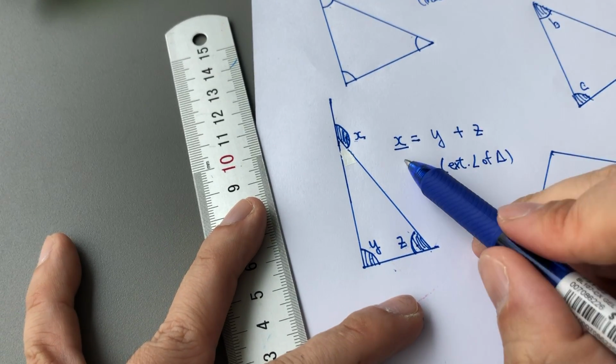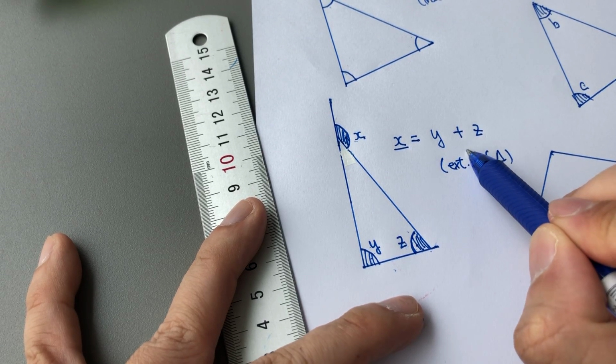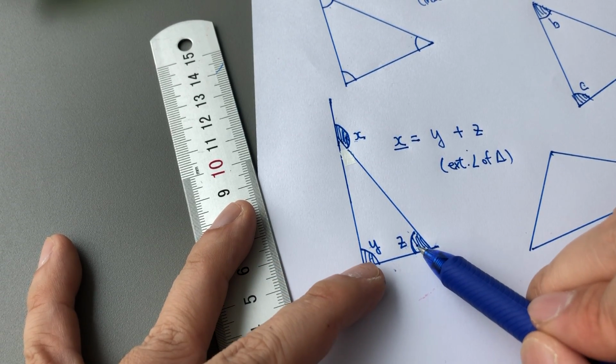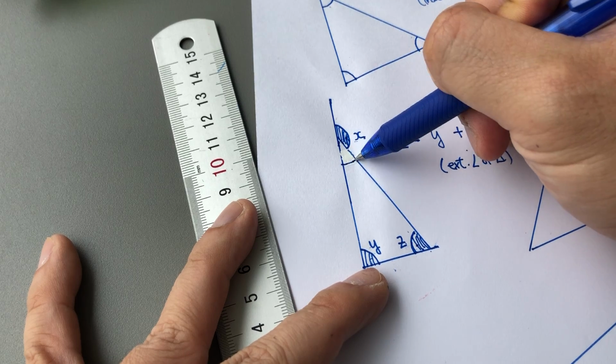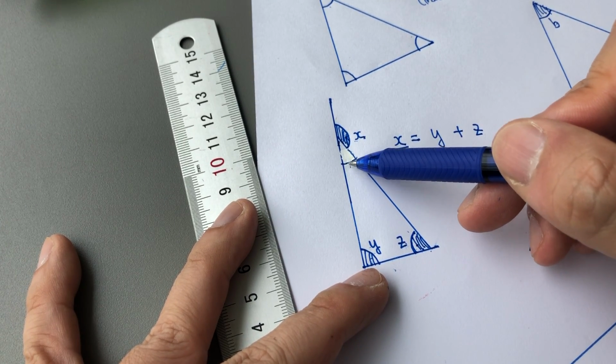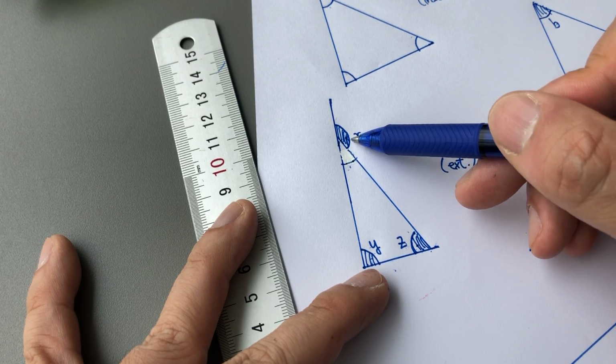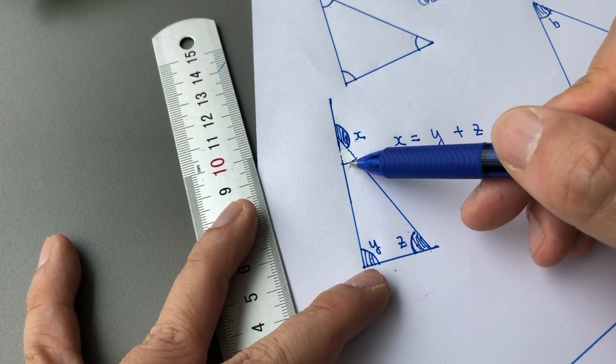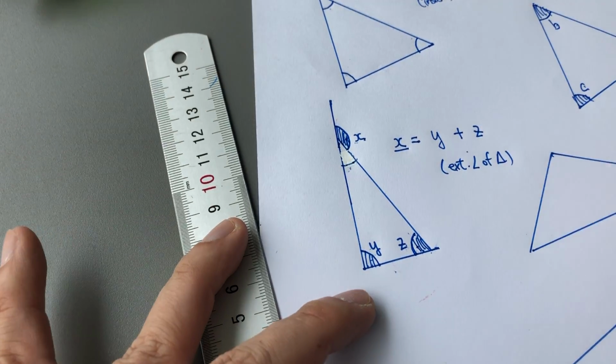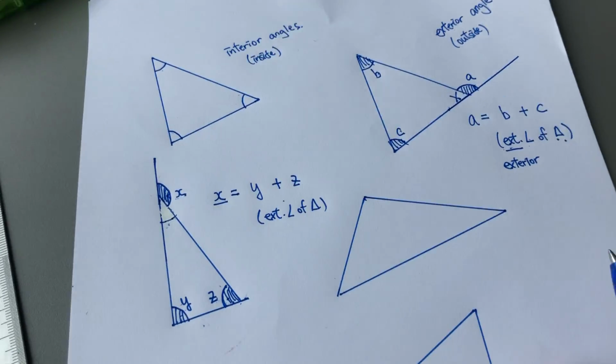This is the exterior angle. It equals the sum of the two interior angles. Notice that we have the interior angle here. This one doesn't count because this one is the one next to the exterior angle. So we don't need this one. And now, let's look at one more.